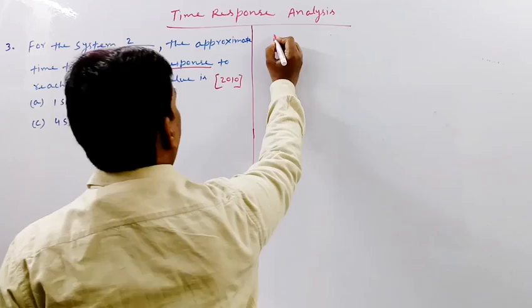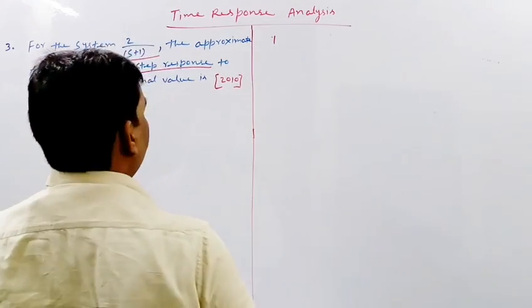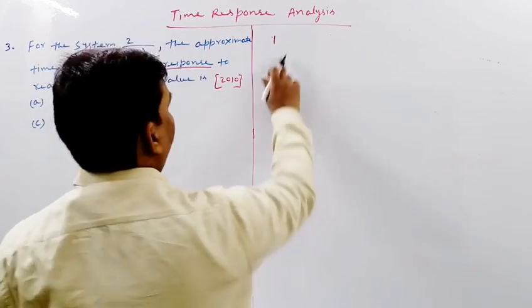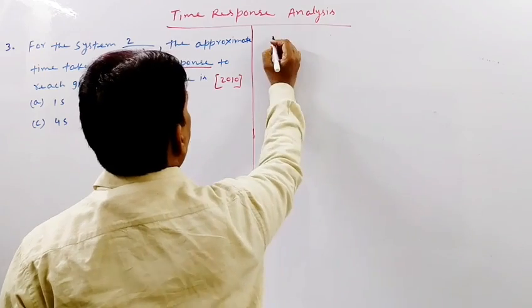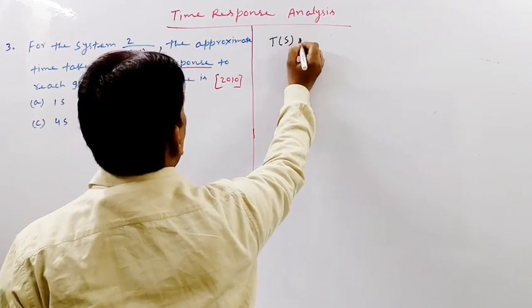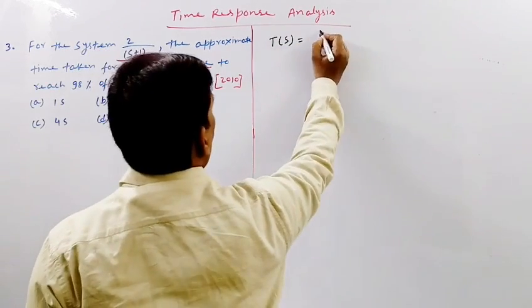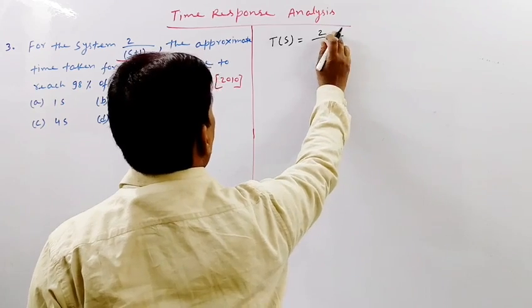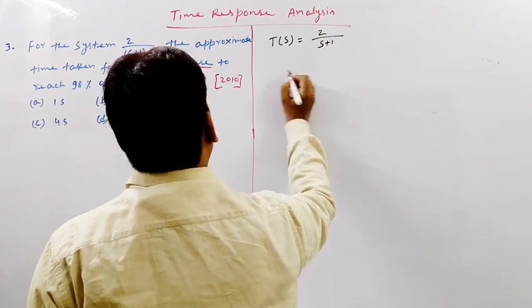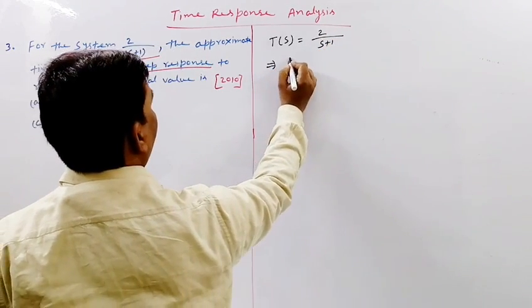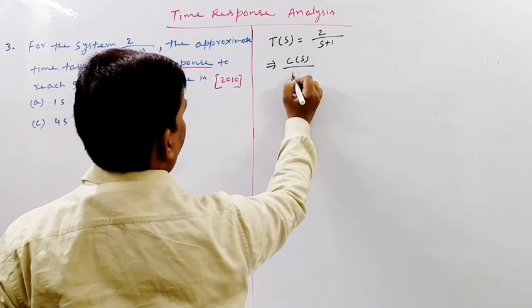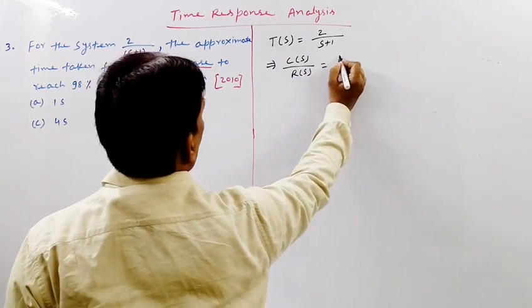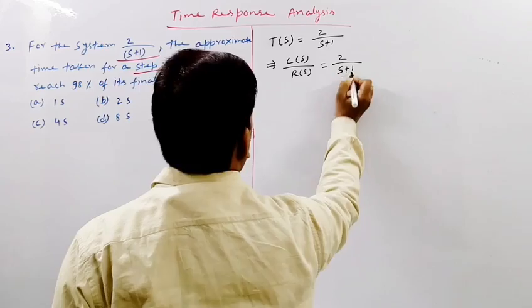So two things are given, a step response and the transfer function. The transfer function T(s) is given as 2 divided by s plus 1. Now T(s) is nothing but C(s) by R(s) equal to 2 divided by s plus 1.